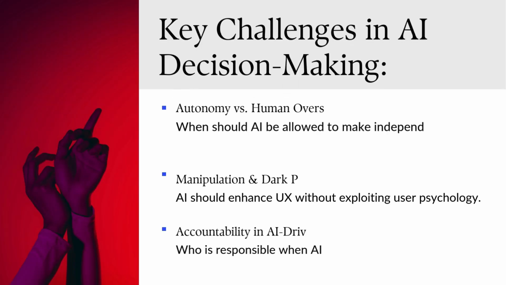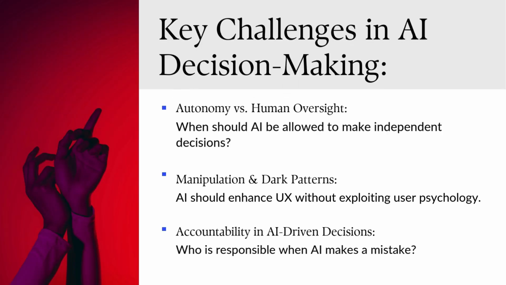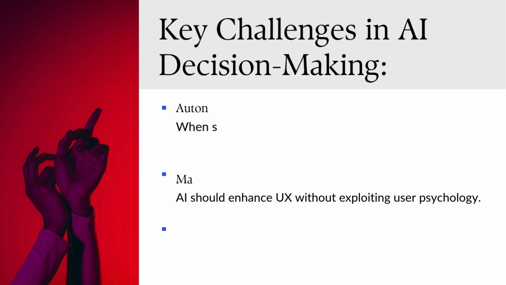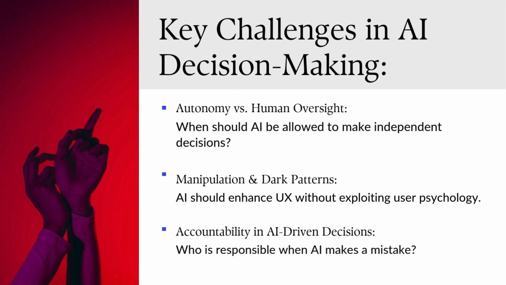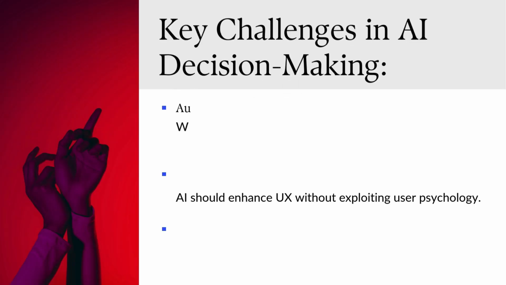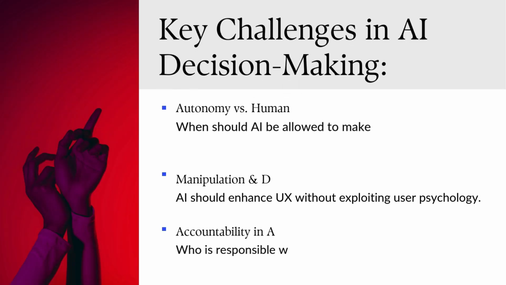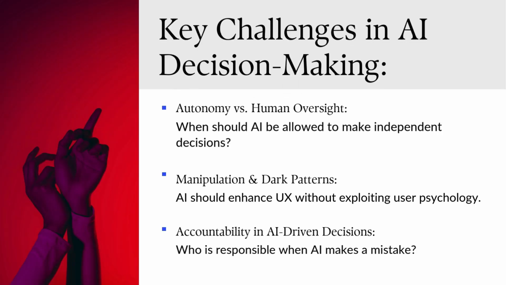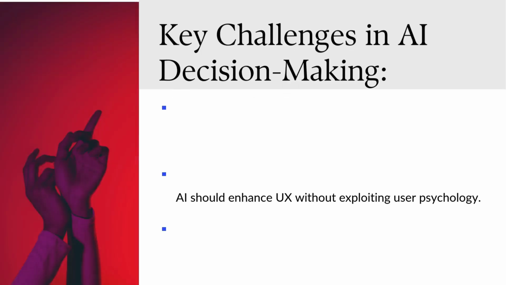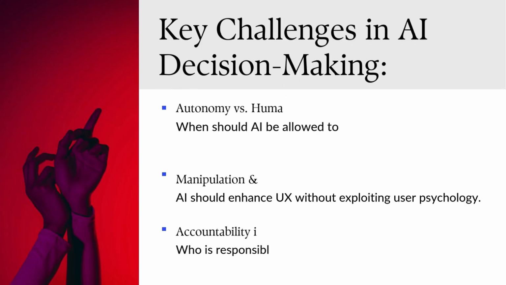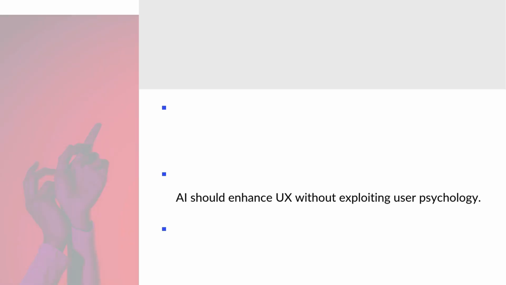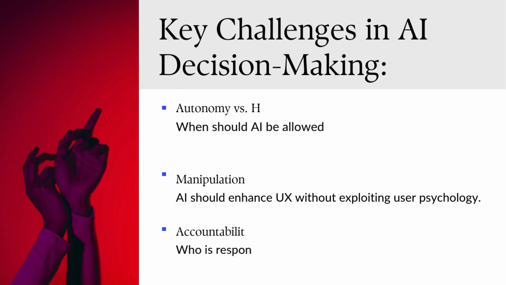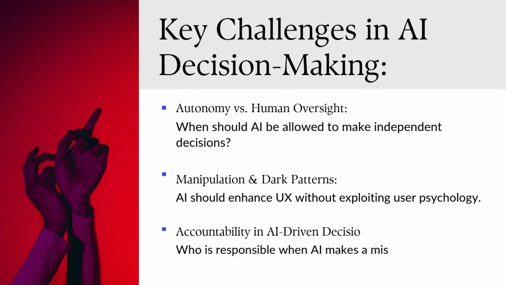With this, AI should enhance UX without exploiting user psychology. Next is what we call accountability in AI-driven decisions. With this key challenge, it prompts questions like, who is responsible when AI makes a mistake? And that's beautiful, guys.